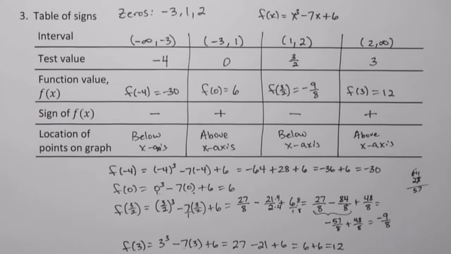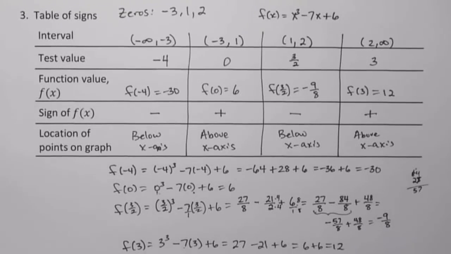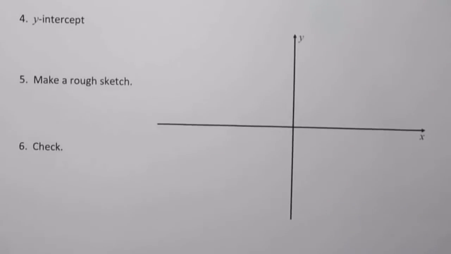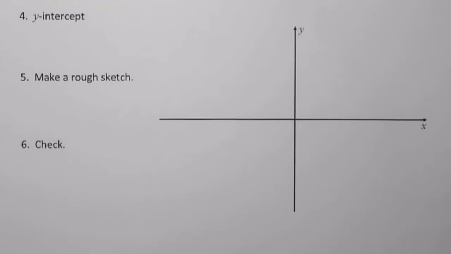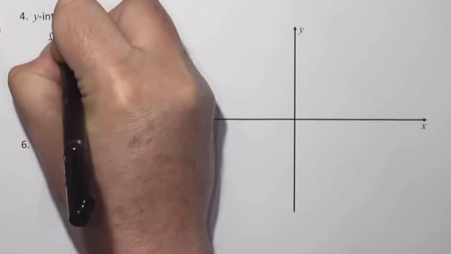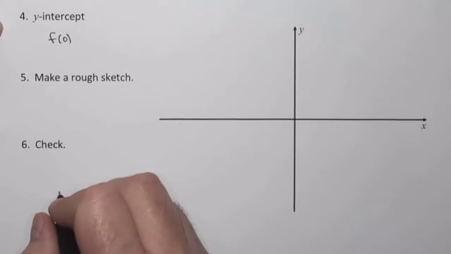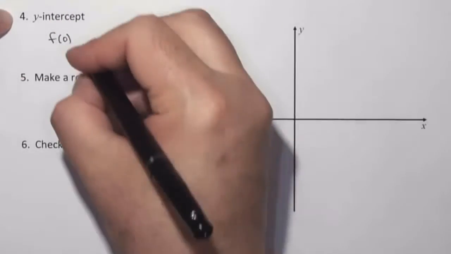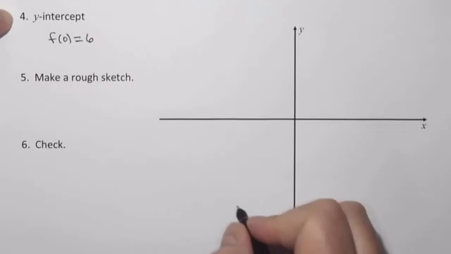So we can use this information to help us with our graph. So let's continue on a new sheet. So our y-intercept. We need to find f of 0, which we actually did as a test value on the previous page, and we found that that was 6.